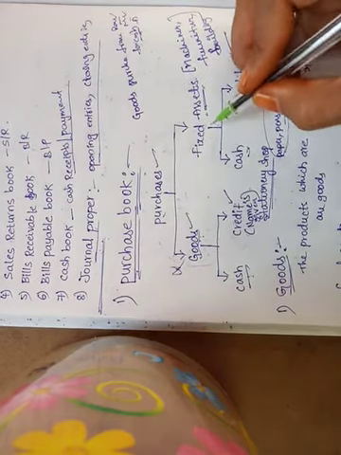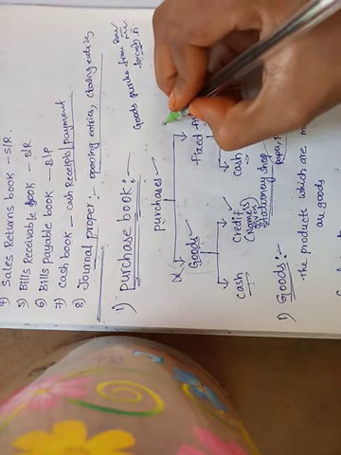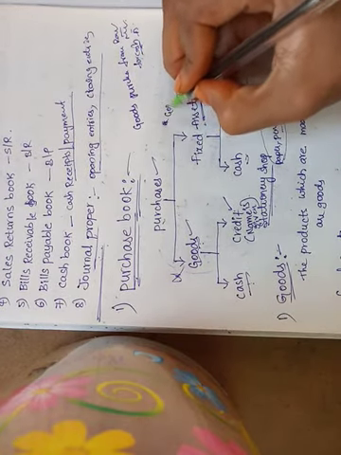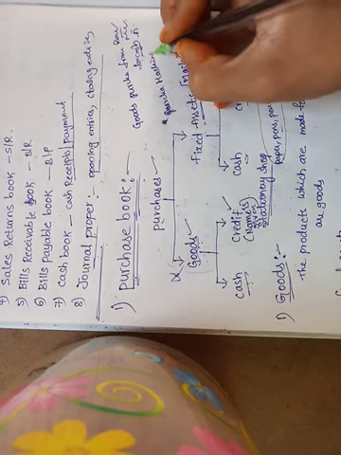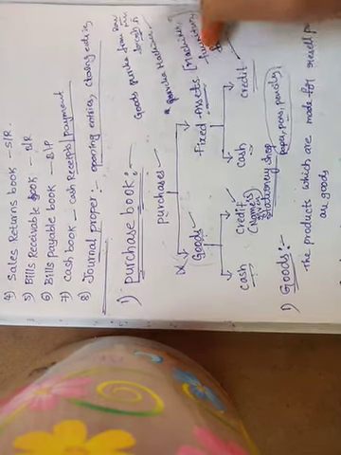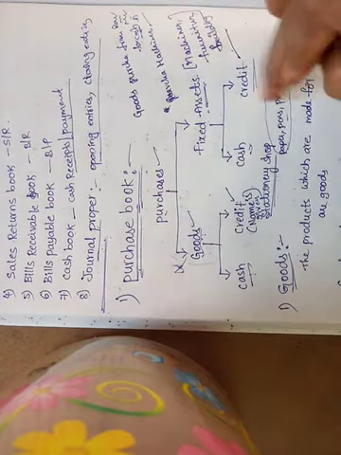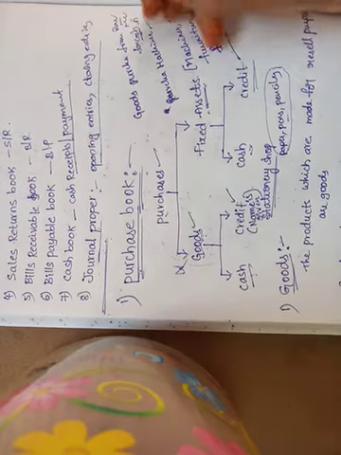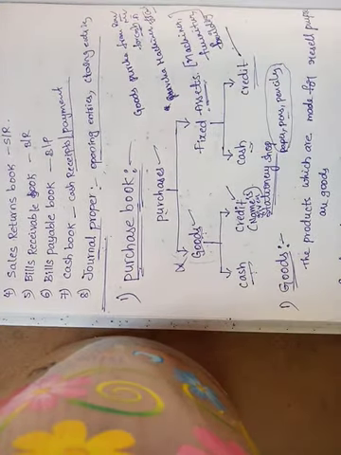Then how will we know whether it is a fixed asset or not? For that, a transaction example is purchased machinery. If it is given like this, it will not be recorded in the purchase book; it will be recorded in the journal proper. If cash is mentioned, it will be recorded in the cash book.